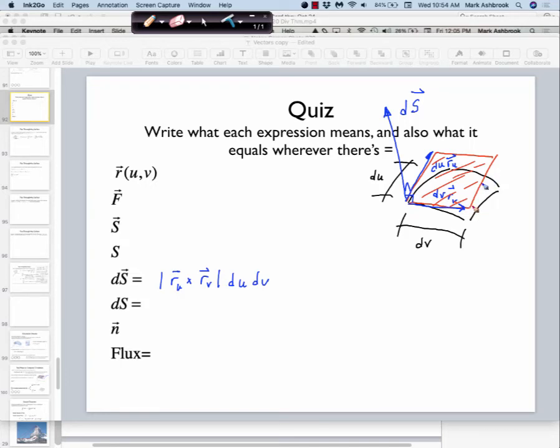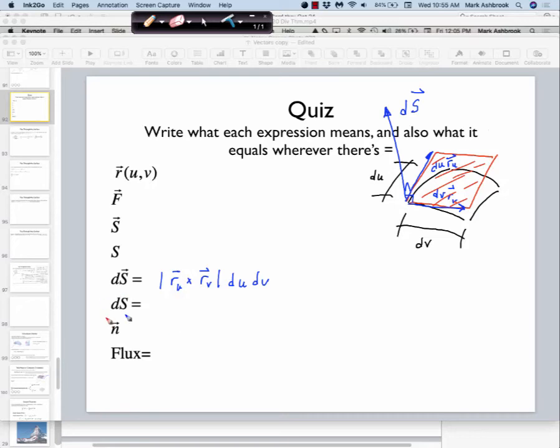And then for the vector dS, its magnitude is the area, and its direction is orthogonal to the parallelogram. That's exactly what the cross product does. Its magnitude gives area, and its direction is orthogonal to the plane of the two original vectors. It's perfect.